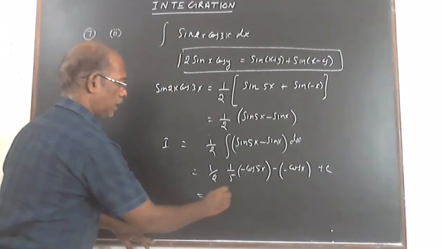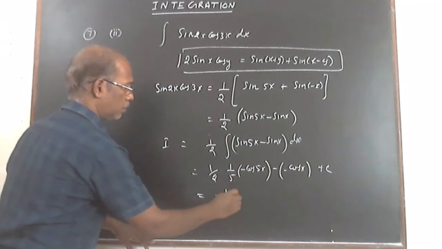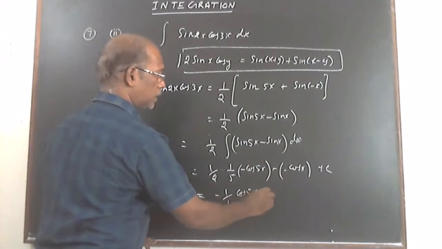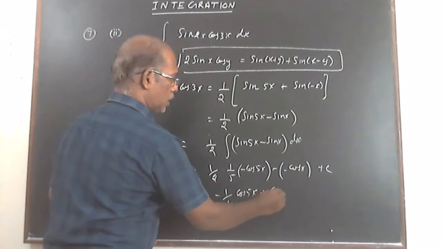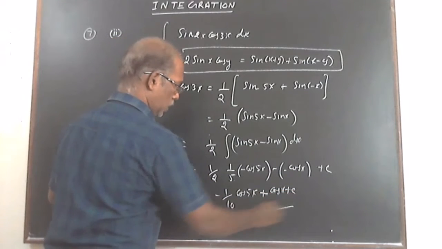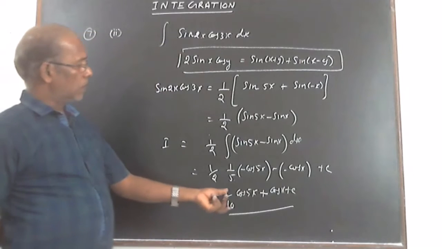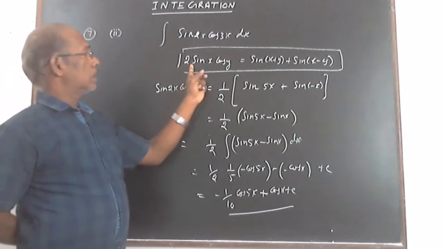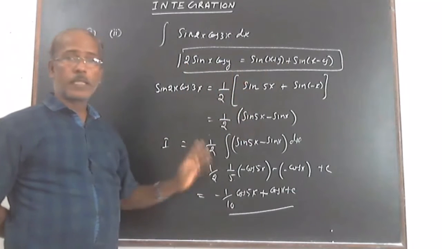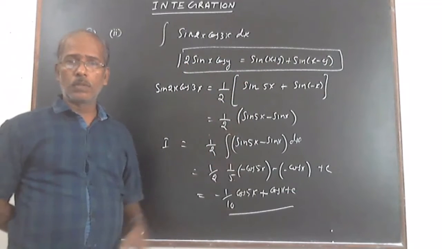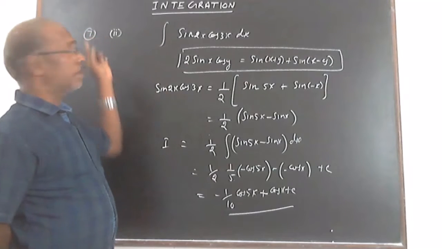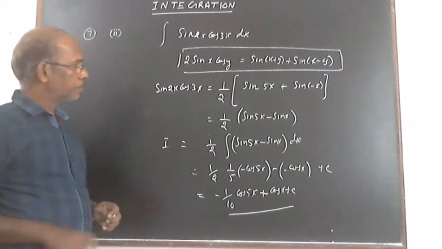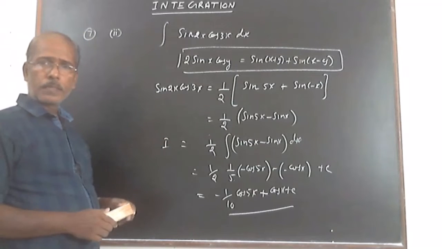Finally, minus 1 by 10 cos 5x plus 1 by 2 cos x with the integral constant. So this is the integrated value of sin 2x into cos 3x. This is the identity we have used here. Go through this, we'll go to the next subdivision of the same example 7. Just copy it.